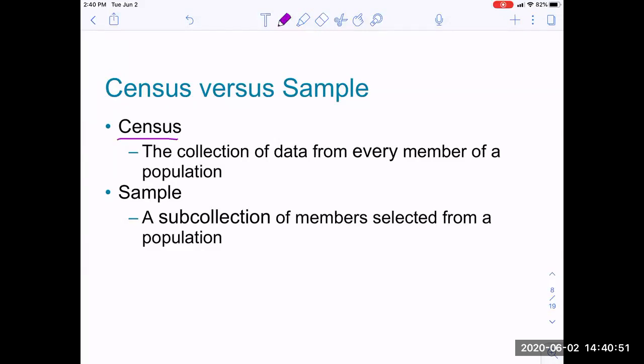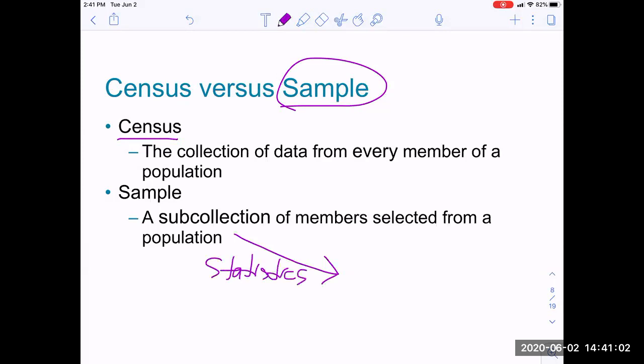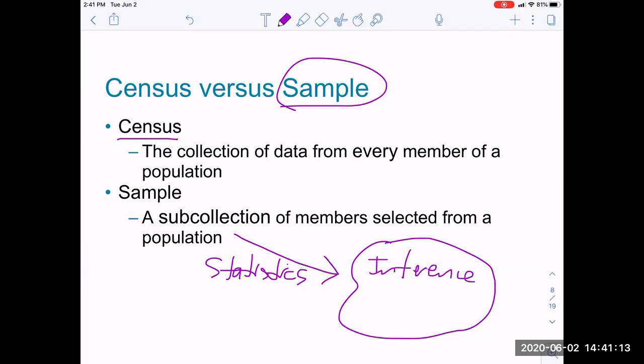It's hard to do a census, so we do samples. So we take a sample, then we perform some analysis, we do statistics on the sample, and then hopefully we get some kind of inference about our population. Like maybe we're trying to see how long the fish were in the lake, what their length was. Well, we'll take a sample, we'll catch some of them, do the statistics, and then make an inference or some kind of conjecture about all of the fish in the lake.